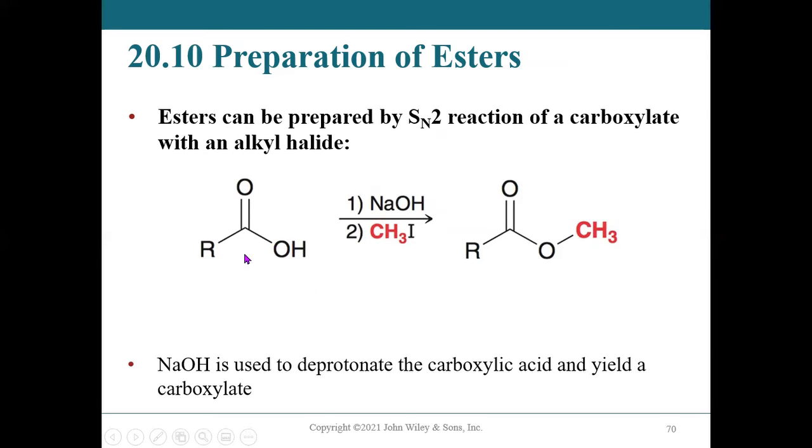So here is an acid, and first using base produces the carboxylate, then reacting with alkyl halide, for example, methyl iodide, to produce this ester. Sodium hydroxide is used to deprotonate the carboxylic acid and yield carboxylate in the first step.